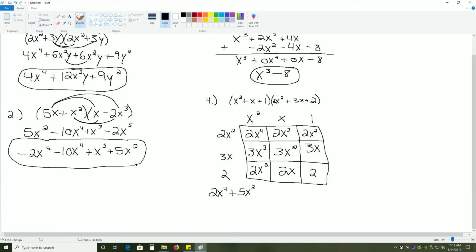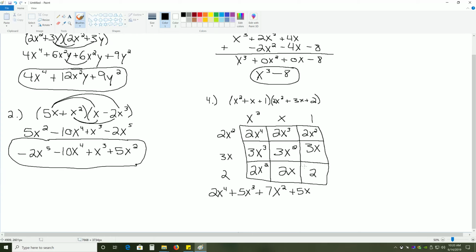Then we have 2x squared plus 3x squared plus 2x squared. All of them have an x squared. So that gives us 2 plus 3 is 5, plus 2 is 7, so plus 7x squared. Then we have 2x plus 3x is plus 5x.